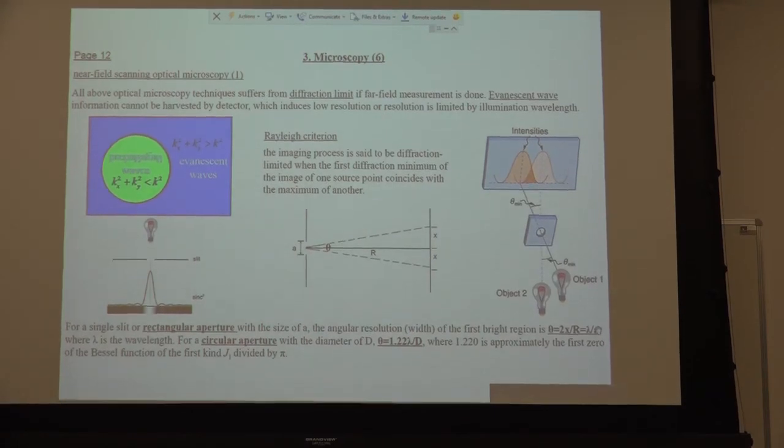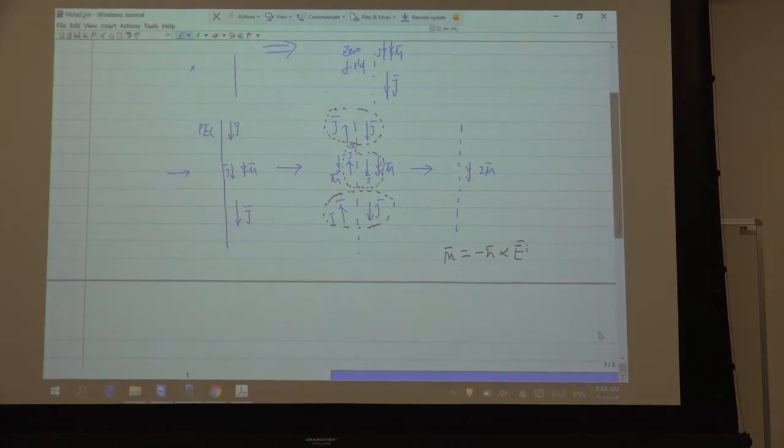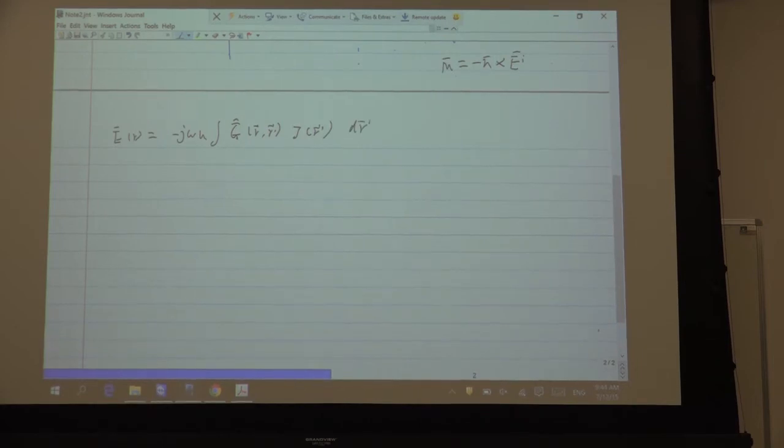For a point source, the E field E(r) equals minus j omega mu times the dyadic Green function integrated against J(r') dr'. This covers the near field, far field, and the medium field.